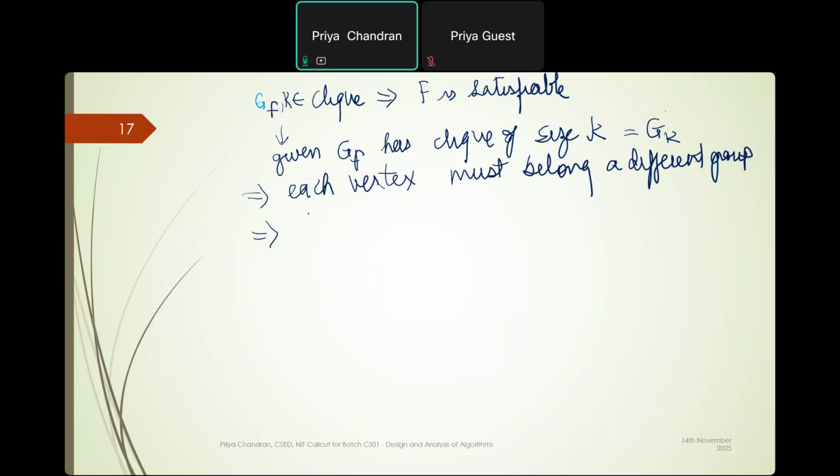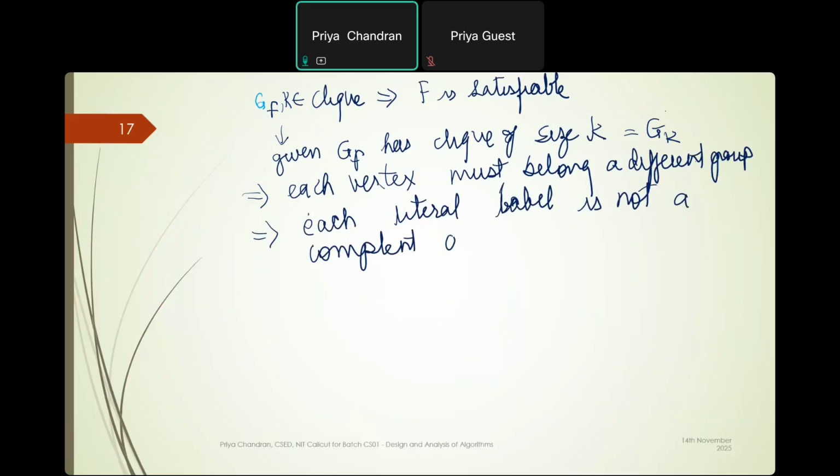Also, each literal label is not a complement of another literal label. Why does that have to be true? Because no edges have been made if that was the case, right? So it must be that each of them pairwise is not the literal label complement of another one.